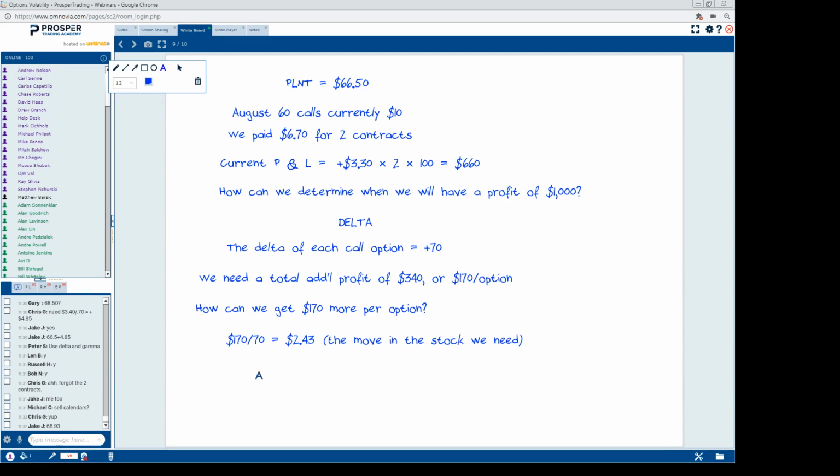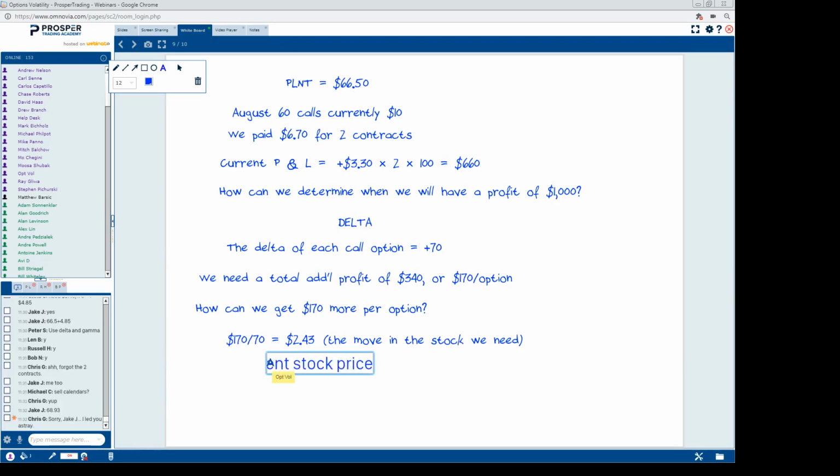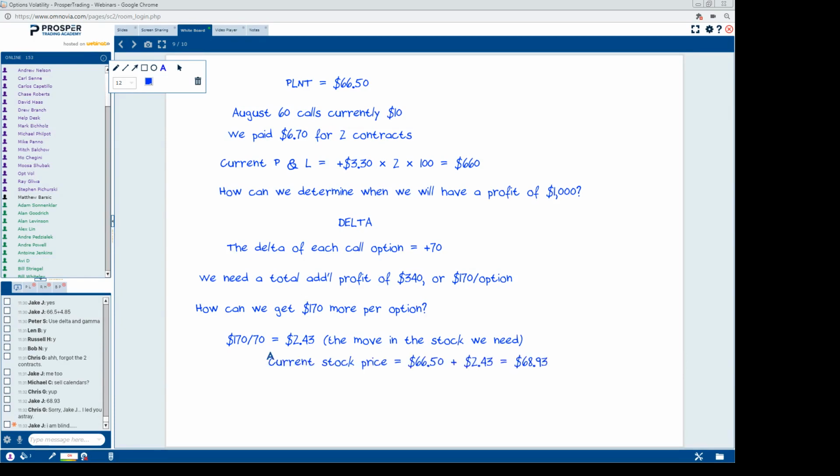Okay, so if we take current stock price of $66.50 plus that $2.43, that gets us right to about $68.93. So, Russell, there's your answer.